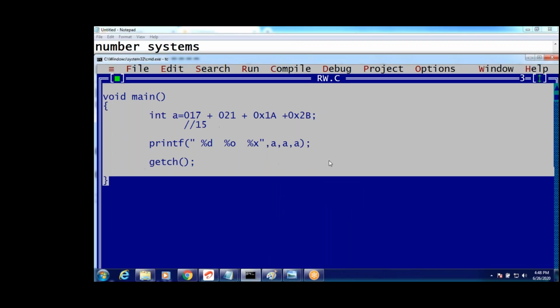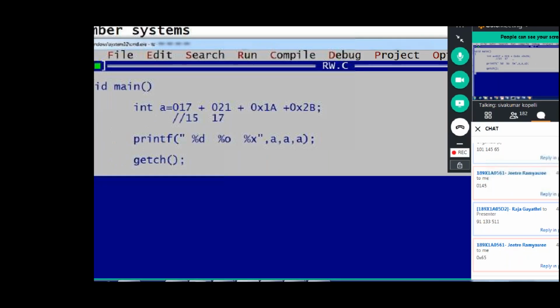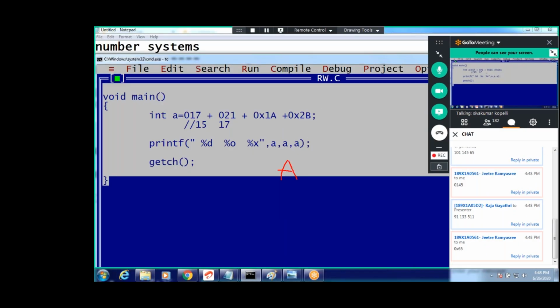A into 16 power 0, A means 10, plus 1 into 16 power 1, which is 16 plus 10. That is 26.